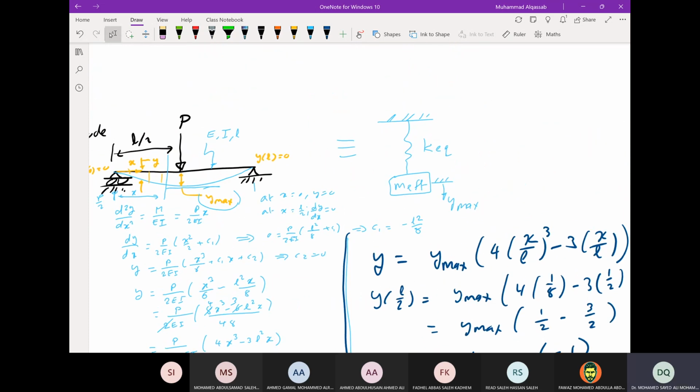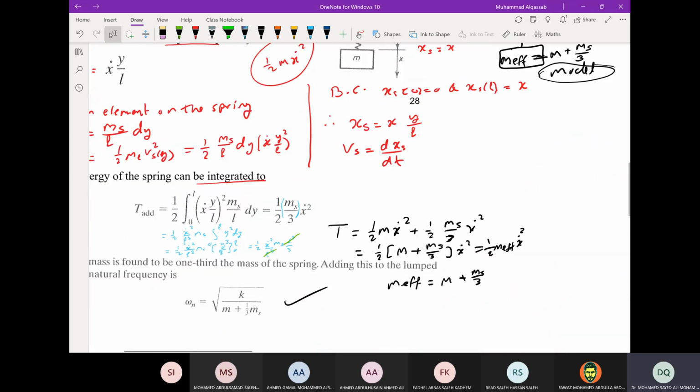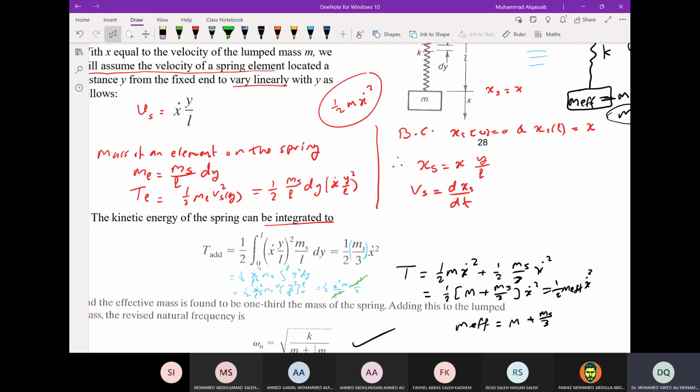It's like the dependent equation. And the same thing we did for the spring. The spring has a displacement x of the spring equal to x times y over L. So they are related to x. Okay, and the velocity is x dot y over L.